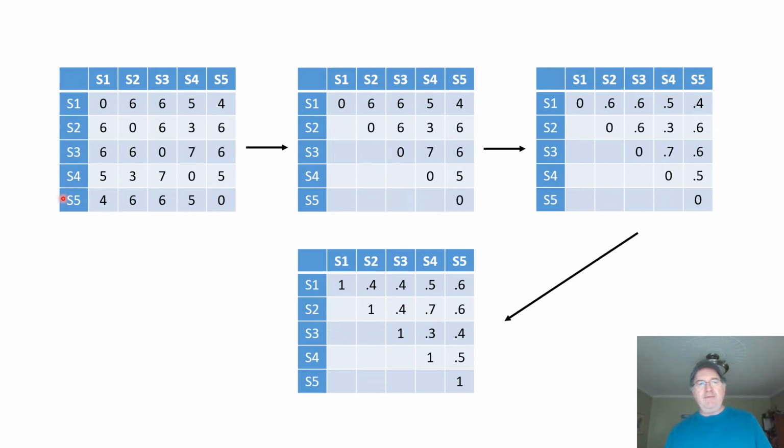So I have S1 through S5 and S1 through S5 as both the columns and the rows. So obviously S1 perfectly matches itself. There are no differences when you compare S1 with S1. So that's 0. And similarly, you see all along this diagonal where you're comparing an OTU with itself, there's going to be no differences.